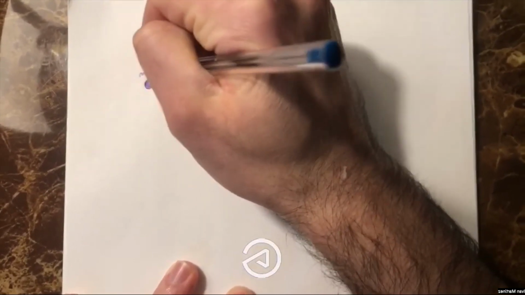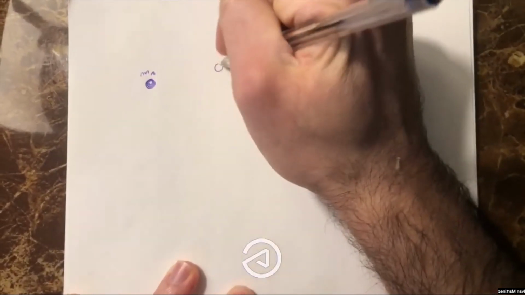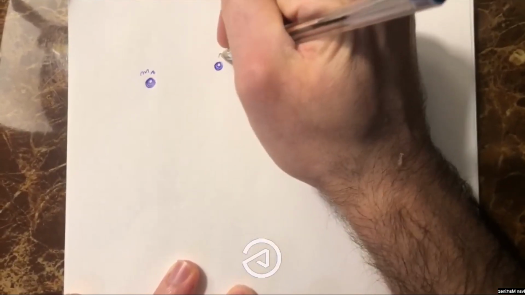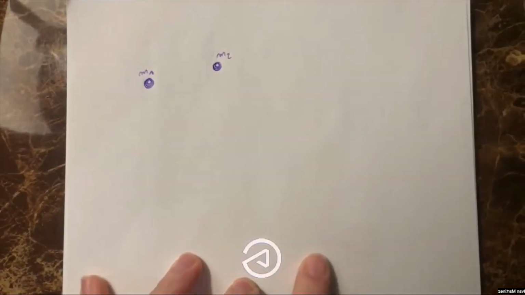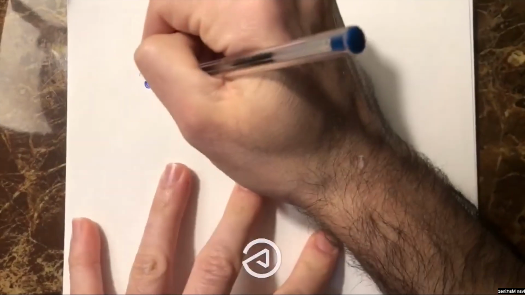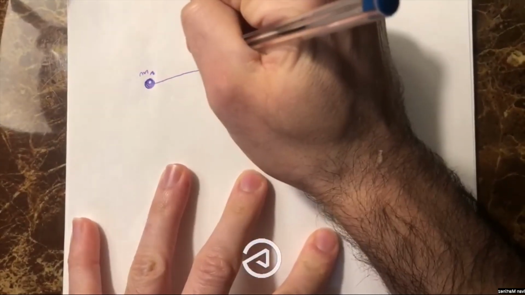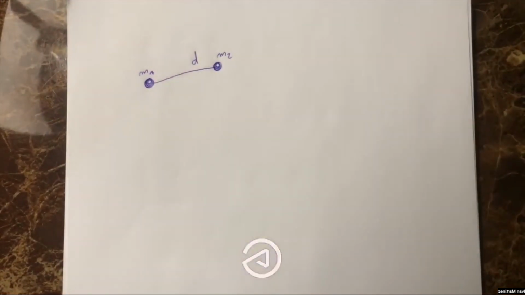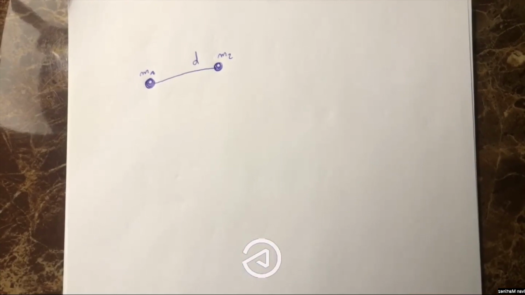We have M1 and M2, and they're separated by a distance D. Okay, then the problem is saying, what is the angular velocity of the line joining them?